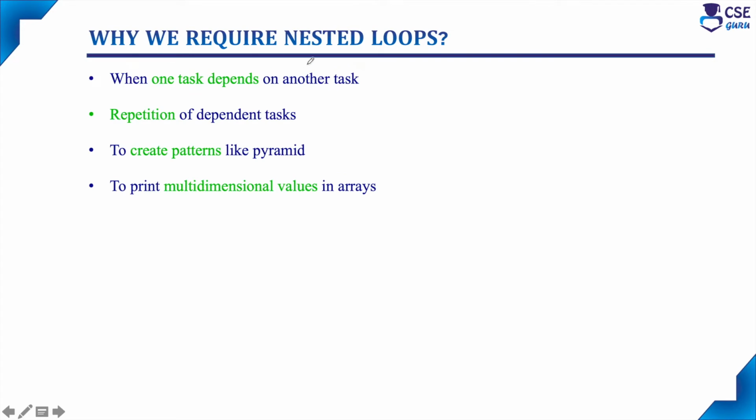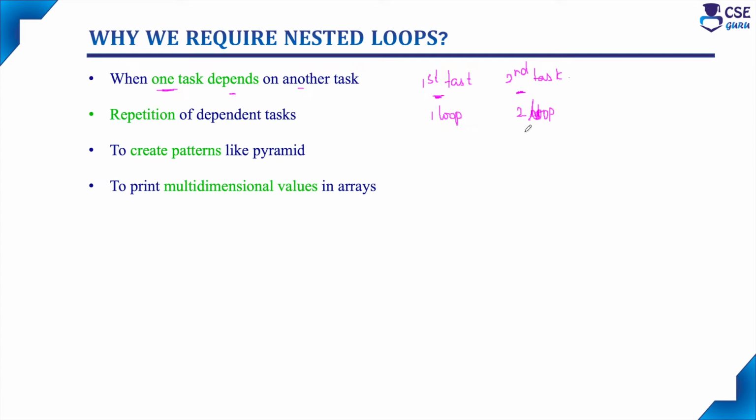Next, why do we require nested loops? The first reason is when one task depends on another task. If you are considering two tasks, the first task and the second task, and the first task depends on the second task, or the second task depends on the first task, then to execute the first task we need to use one loop, and to execute the second task we need to use a second loop.